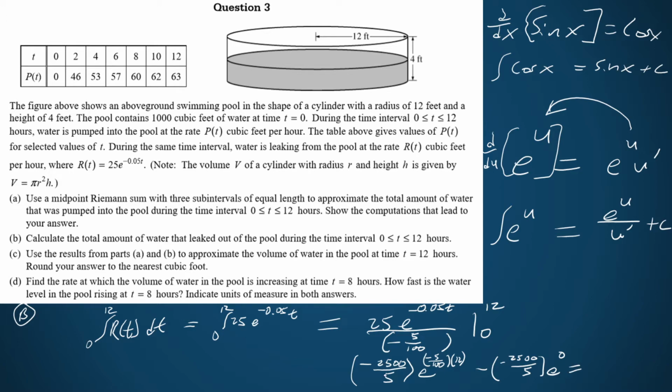Okay, 2500 over 5 is how much? I got 225.594. For 2500 divided by 5?